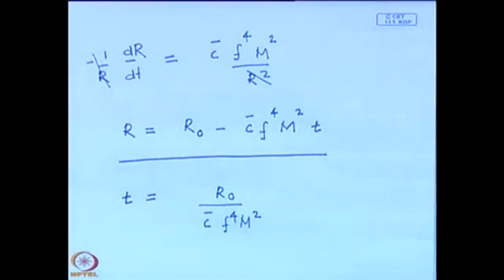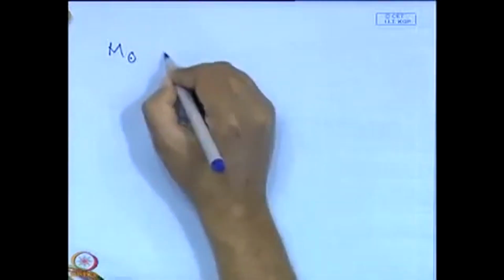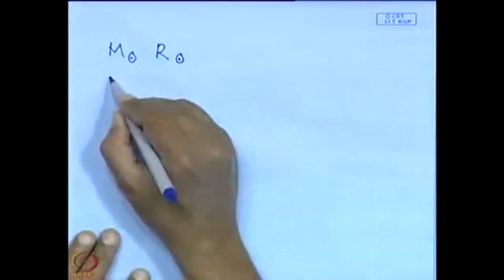You have to estimate the time it takes an object of the mass of the sun and the radius of the sun to collapse.